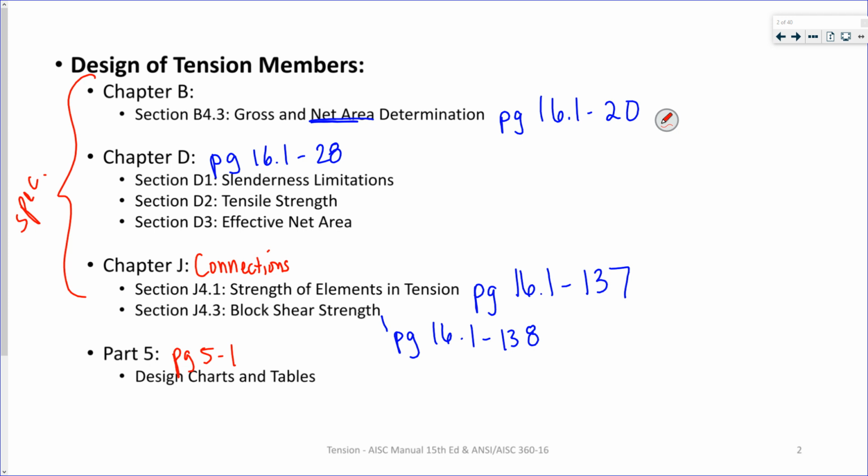And then if you flip to page 5-5, you start to get into available strength of axial tension. You can see up at the top it says it assumes an Fy and an Fu, right? So again, there's another assumption.